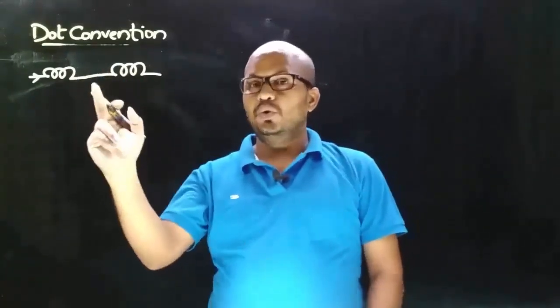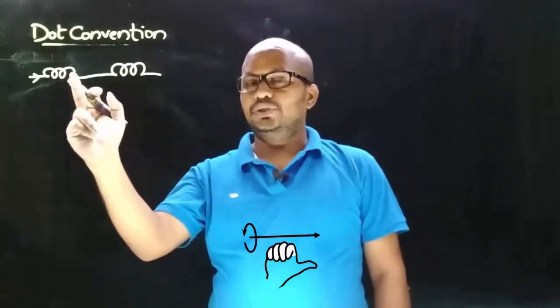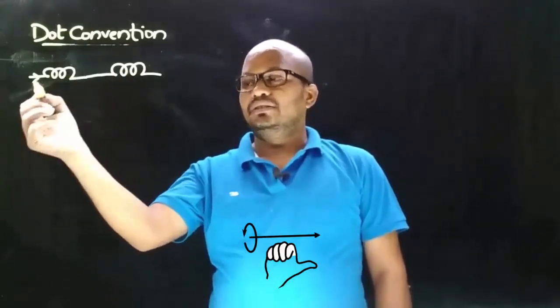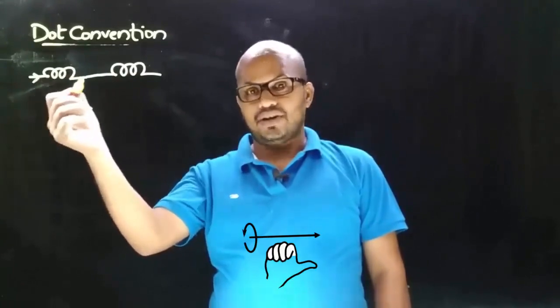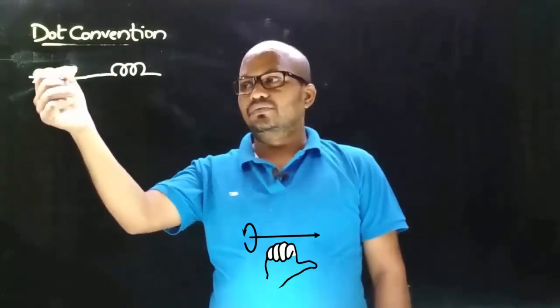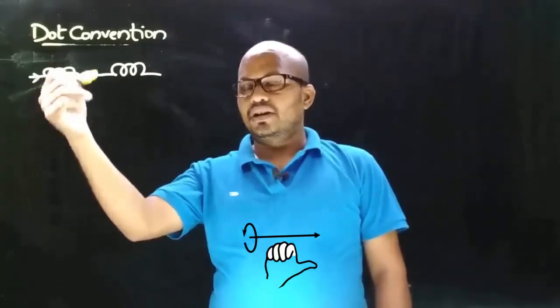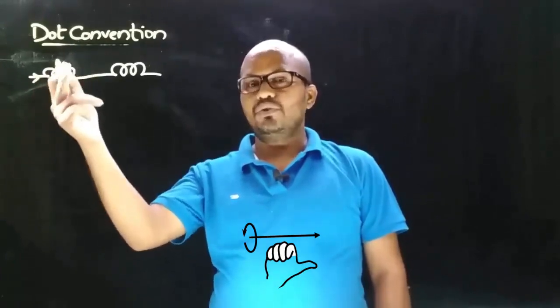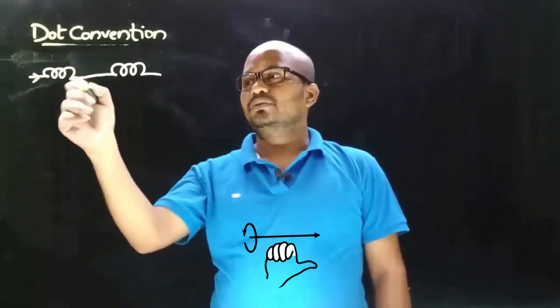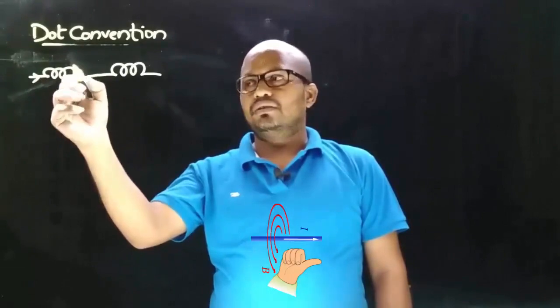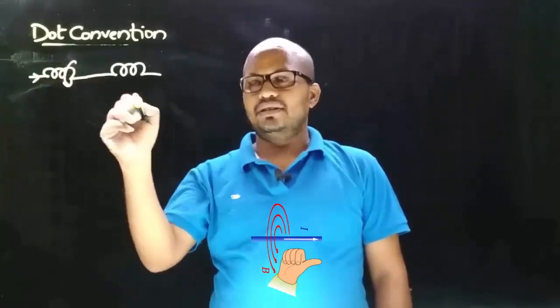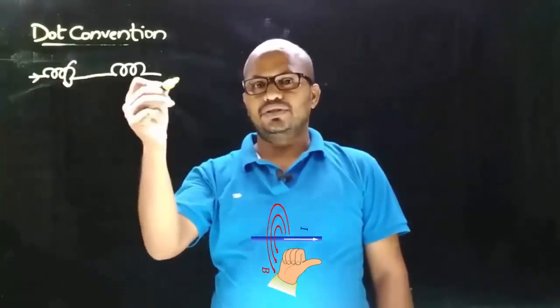In this case, hold this coil with your right hand such that the thumb is along the direction of current, and the curl direction of the four fingers will indicate the direction of flux. So the flux direction will be like this, and similarly the current direction is towards this side.